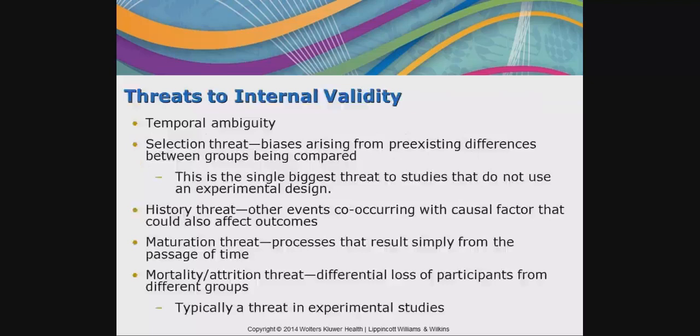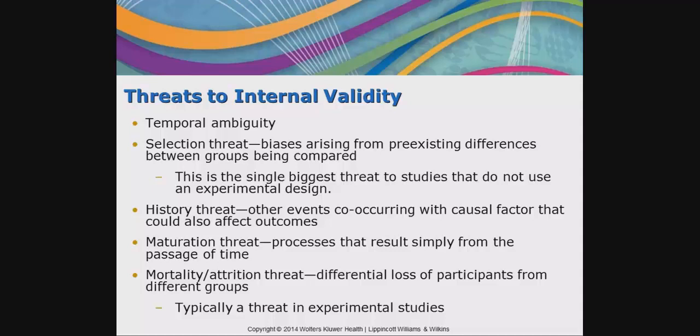Threats to internal validity. Well, certainly the selection threat, that bias that arises from pre-existing differences between the groups being compared. Quasi-experimental and non-experimental correlational study designs are more susceptible to this threat to internal validity.